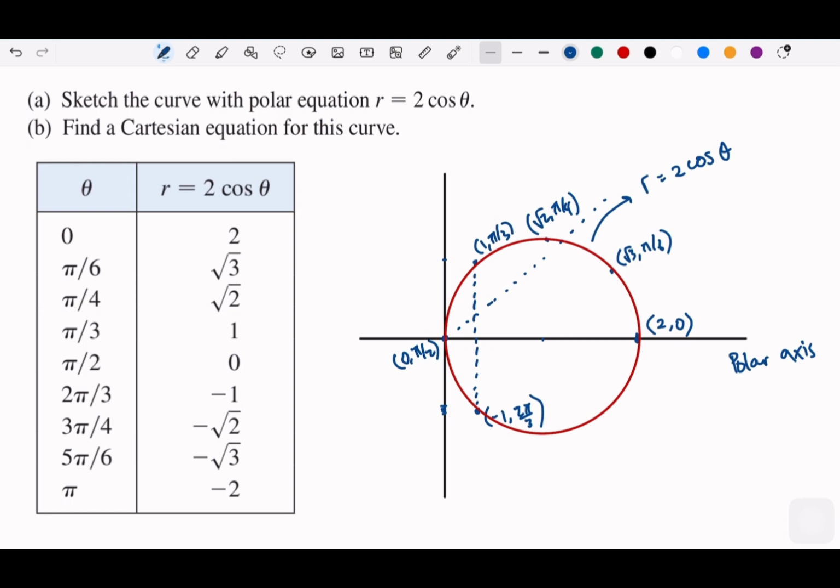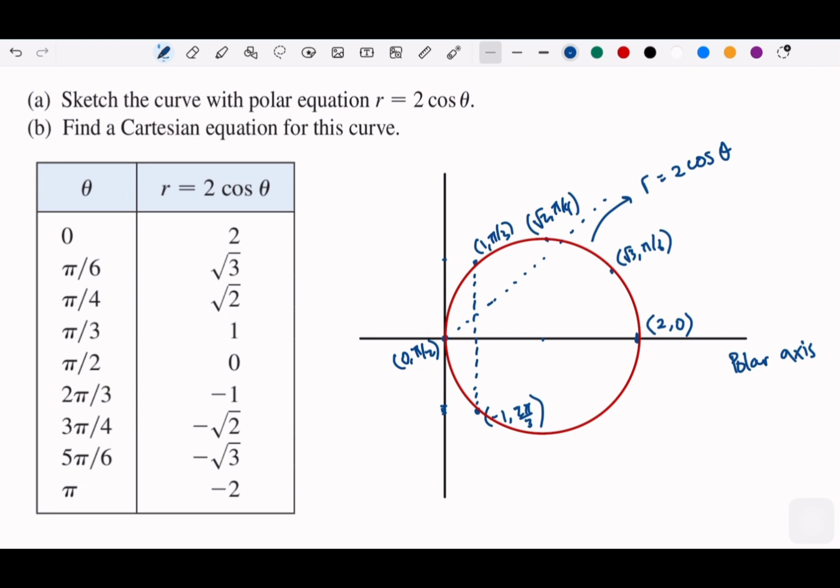Now, if you notice, this is cosine. If you do the same thing with, let's say, 2 sine theta, it will be a circle, but it will have different points.